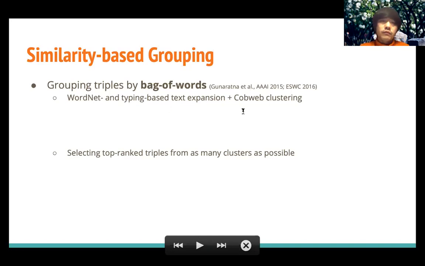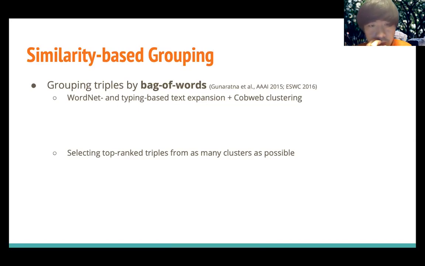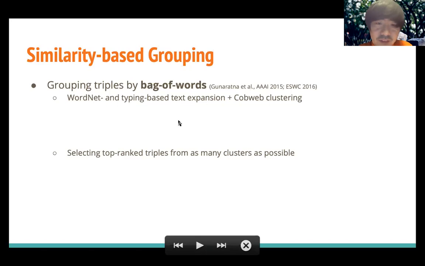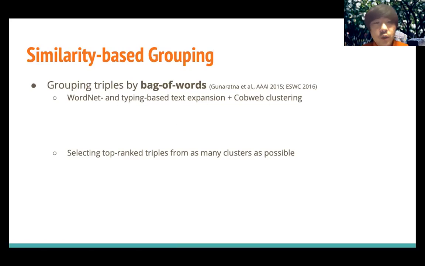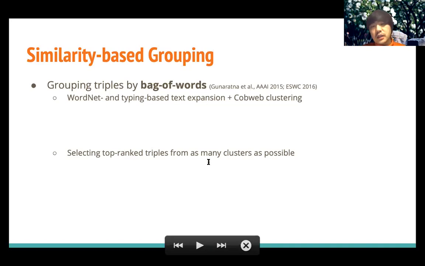So we can have more words, and then we do some clustering. We use CopeWeb, a popular clustering algorithm for bag of words models. Now we have a grouping of triples based on bag of words. Then we select top ranked triples from as many clusters as possible. What does that mean? It depends on how many clusters you have.